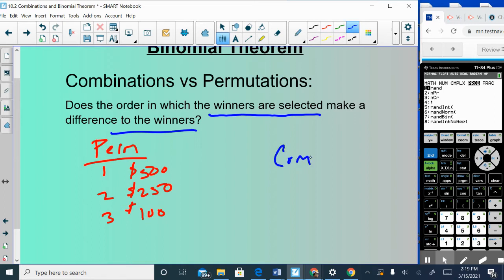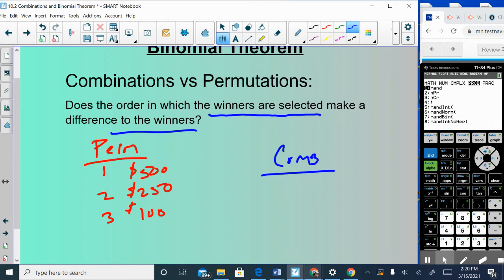Combinations, on the other hand, would be the same situation, but instead of getting this prize pool, I'm going to say the top three winners get to go on to sections mathlete race. Now, the winners don't care which order they're selected.